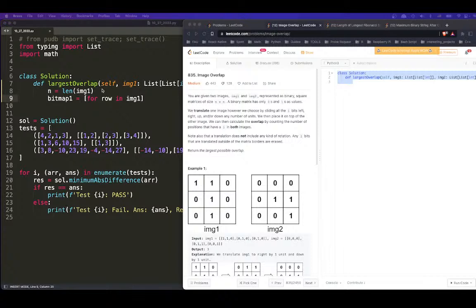And for each row, we can sum, or we can convert. Maybe sum is easier.